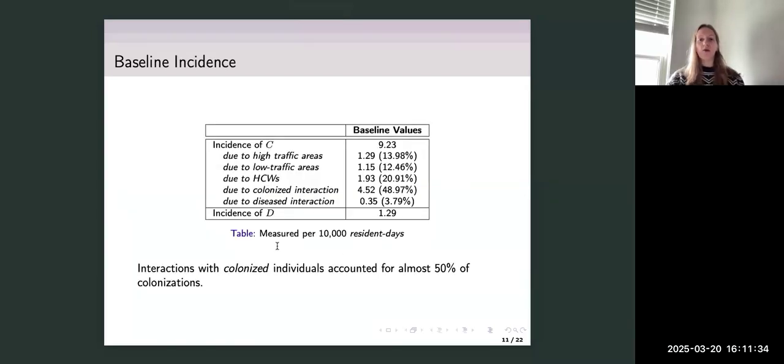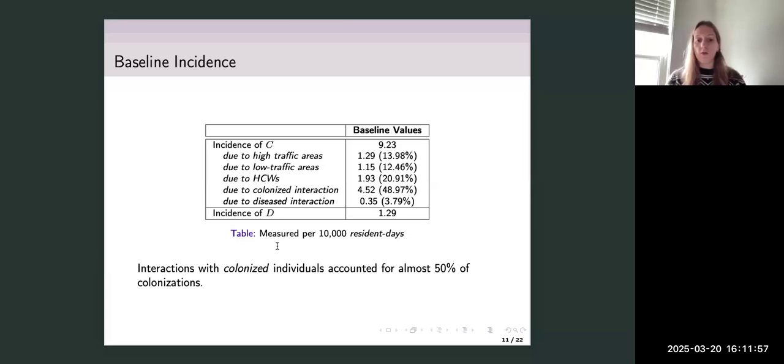And so here what we're doing is trying to measure the incidence of colonized and diseased, and then colonizations due to different sources per 10,000 resident days, which is a common unit for incidence used in healthcare. And what we can see from this is that first and foremost, the most significant source of new colonizations comes from interactions with other colonized individuals.